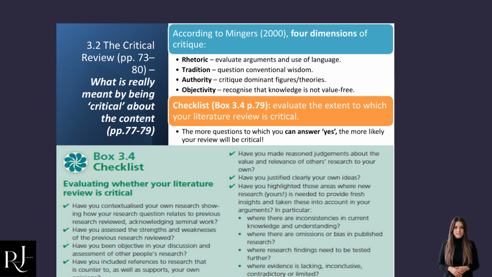Fourth is objectivity, recognizing that knowledge is rarely value-free. Use the checklist in box 3.4 on page 79 to evaluate your work. The more questions you can answer with a yes, such as have I assessed the strengths and weaknesses of previous research, the more likely it is that your review will meet the required critical standards.